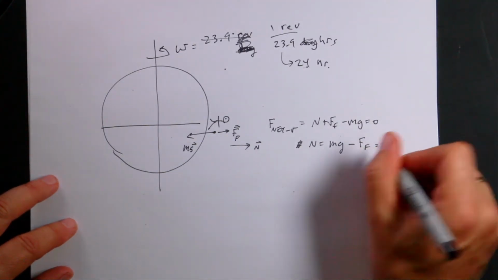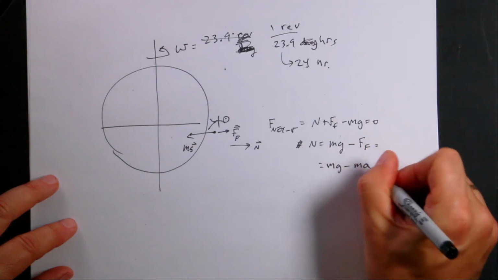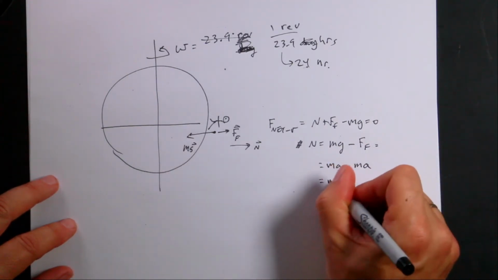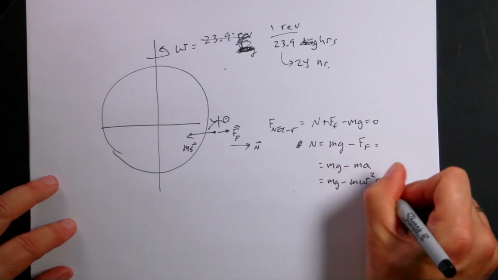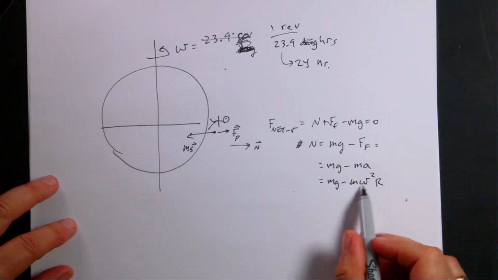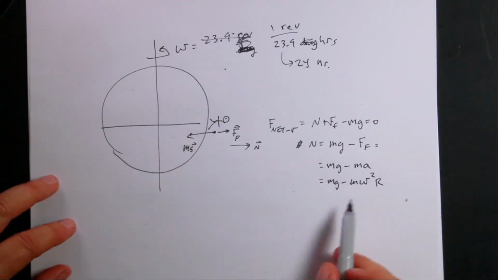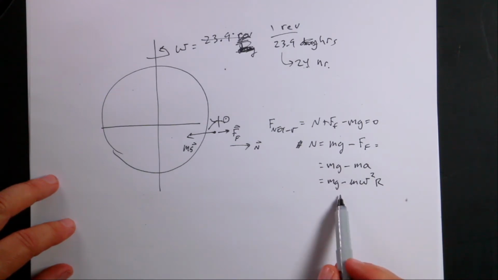It's going to be equal to ma, where a is acceleration, and so N is going to be equal to mg minus m omega squared r, where r is the radius of the Earth and omega is the angular velocity of the Earth. So at the equator, your apparent weight is going to be smaller than the normal weight, the actual weight.